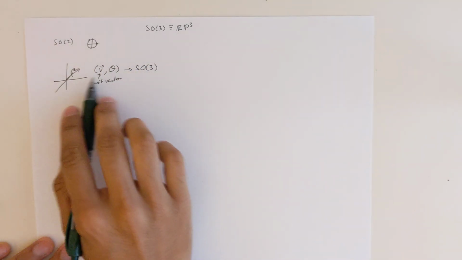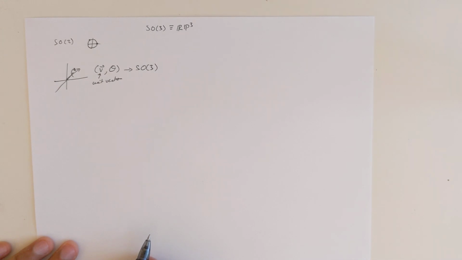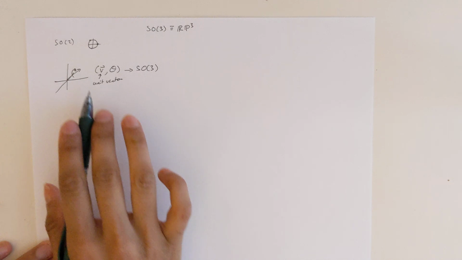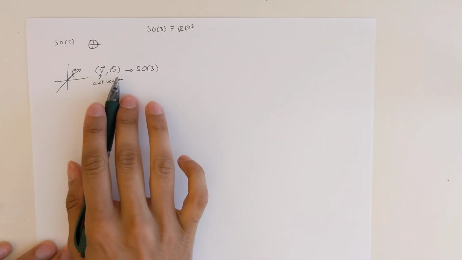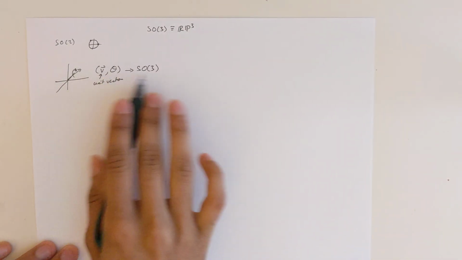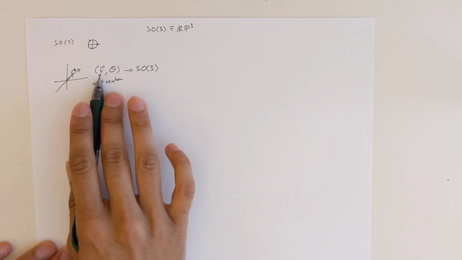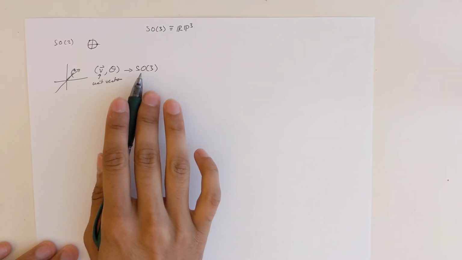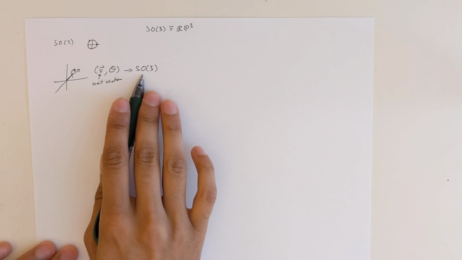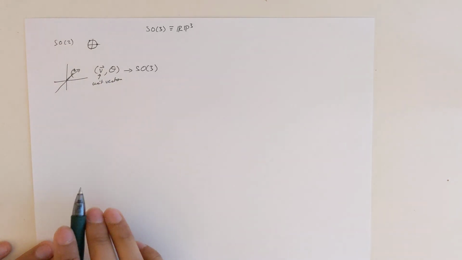So we have a map from this data to SO3. Now, we want to find a space which uniquely parameterizes points in SO3, in other words, a one-to-one correspondence. Here we have a map going this way, but if we have an element of SO3, can we uniquely determine the vector v and angle theta?